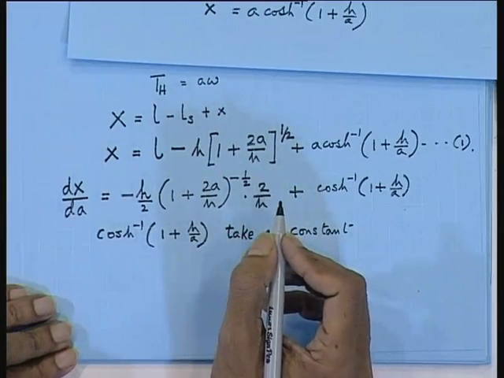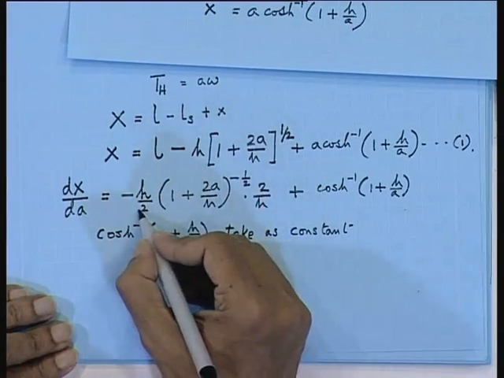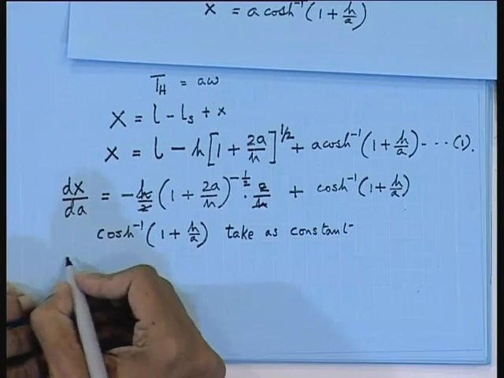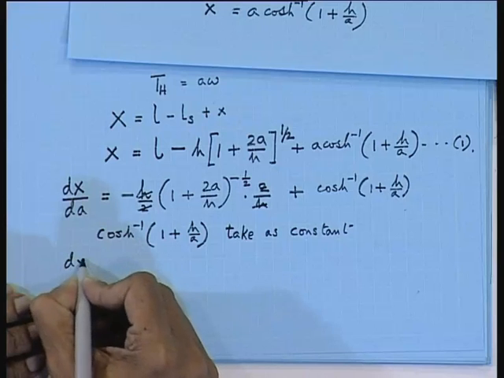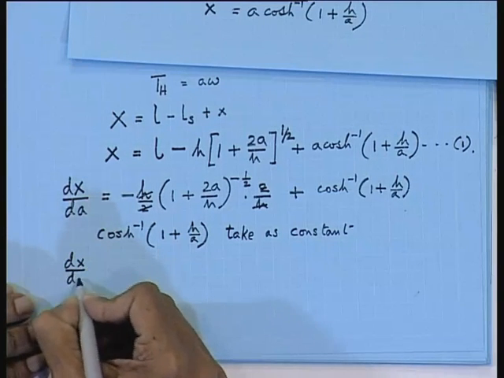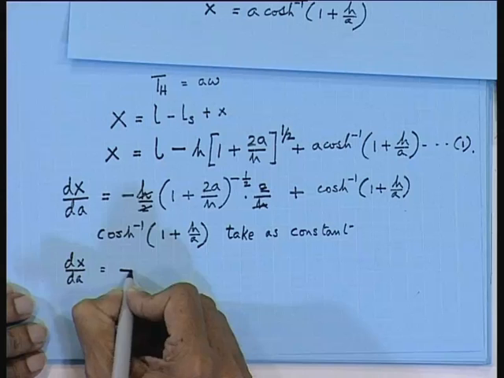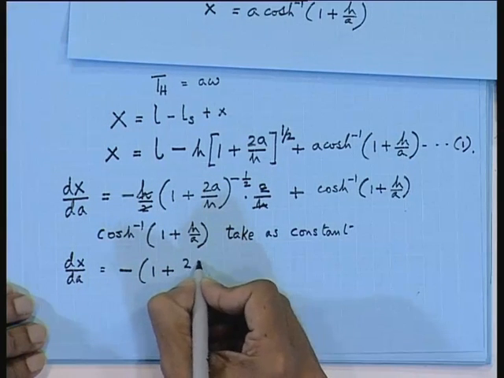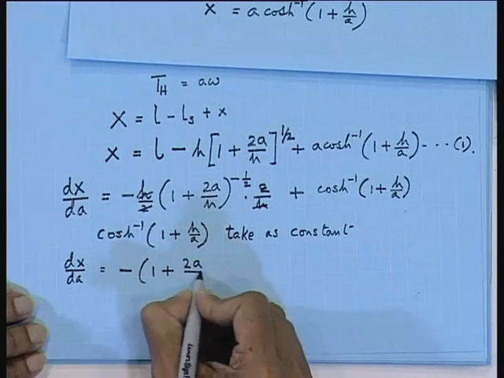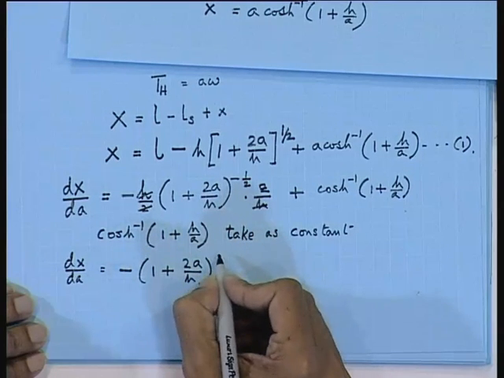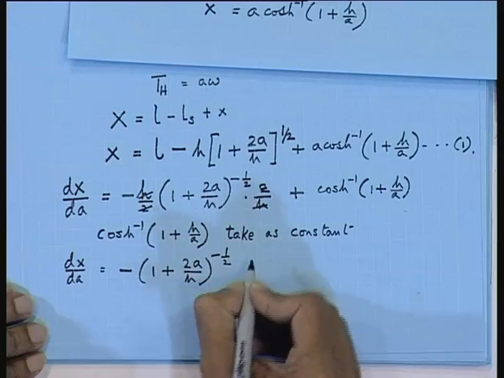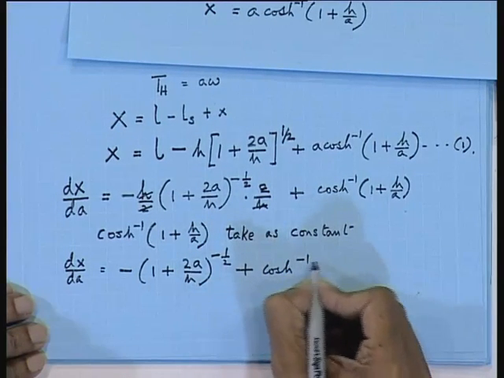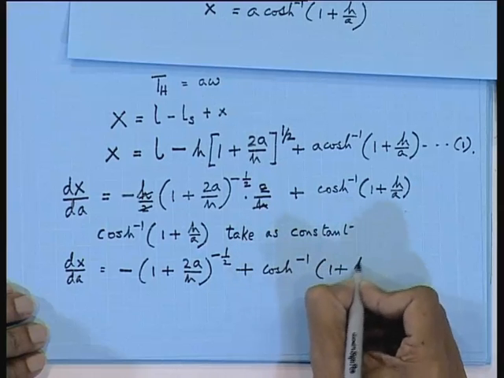So, here this T2 cancels out, also H. So, dx by dA comes as this, so this is our expression.